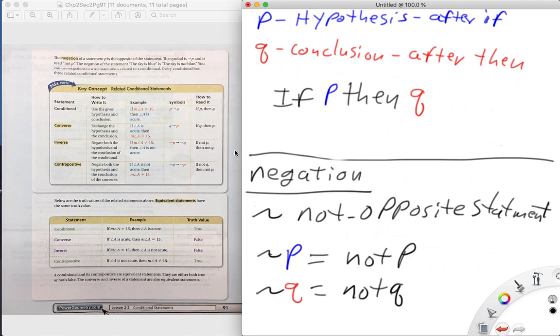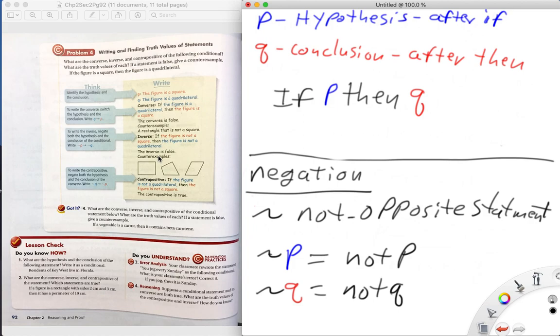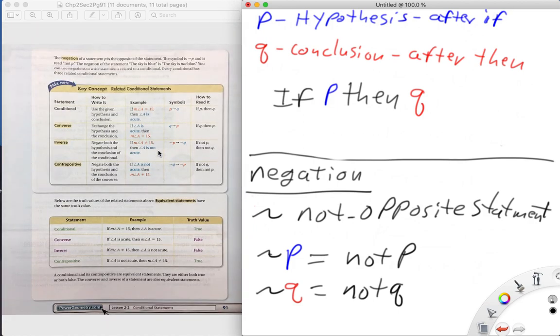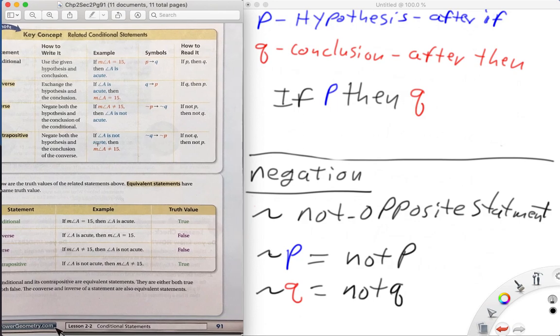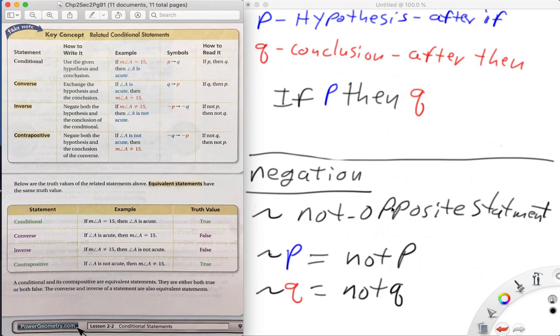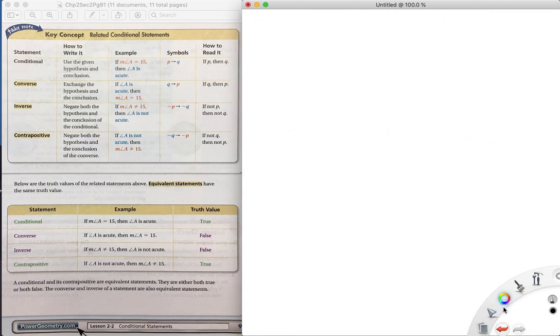It's an opposite statement. So they give us a bunch of concepts. The first one they give us is the conditional, which we had first.